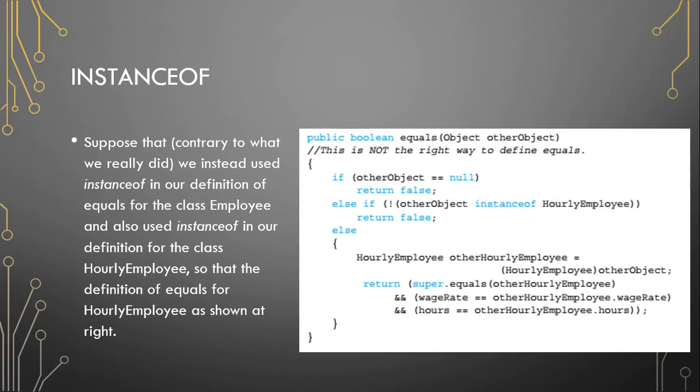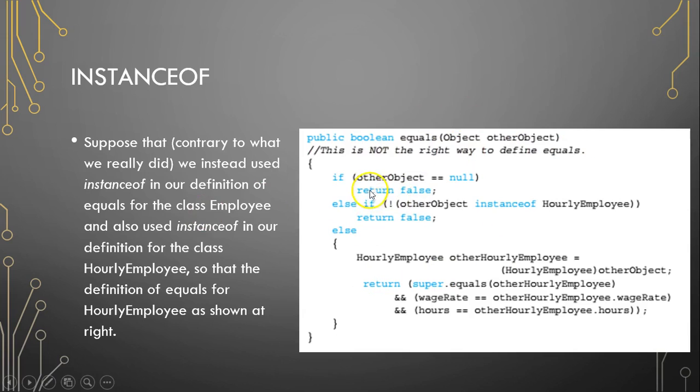So suppose that, contrary to what we really did, we instead use instanceof in our definition of equals for the class Employee and also use instanceof in our definition for the class HourlyEmployee, so that the definition of equals for HourlyEmployee is as shown. Here we have public boolean equals(Object otherObject), which, remember, is not the right way to define equals.